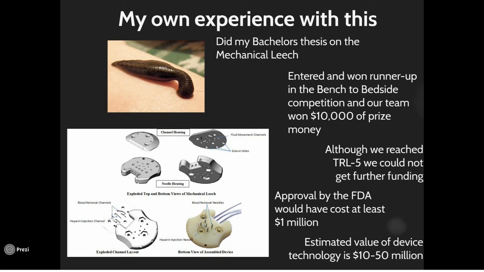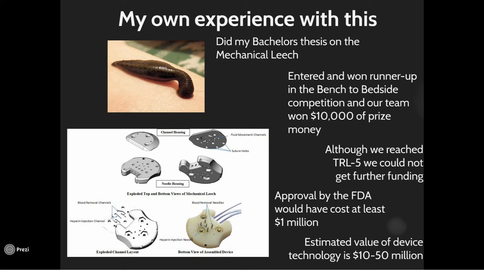So they use actual leeches, the slimy leeches that you see, to pull out blood, and this brings fresh oxygenated blood back into the wound, and within a few days the body makes new blood vessels and is able to heal itself.